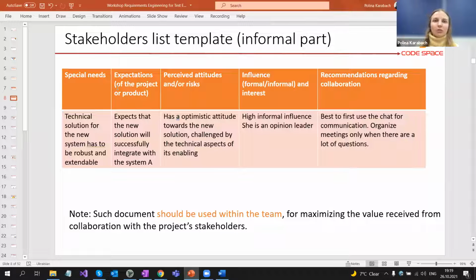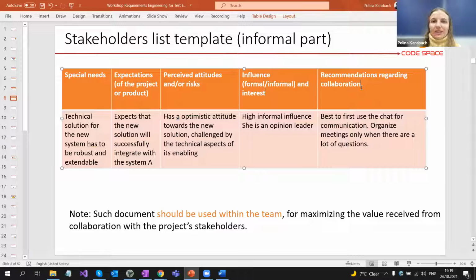For instance, a product owner would be able to approve certain requirements, prioritize them, and define what goes in or not. And in the influence column, formal and informal, we would state something like this person has been in the company for a long time and is quite knowledgeable, a long timer. So everybody would listen to the opinion of this person, even though they're not a manager or lead with formal power.